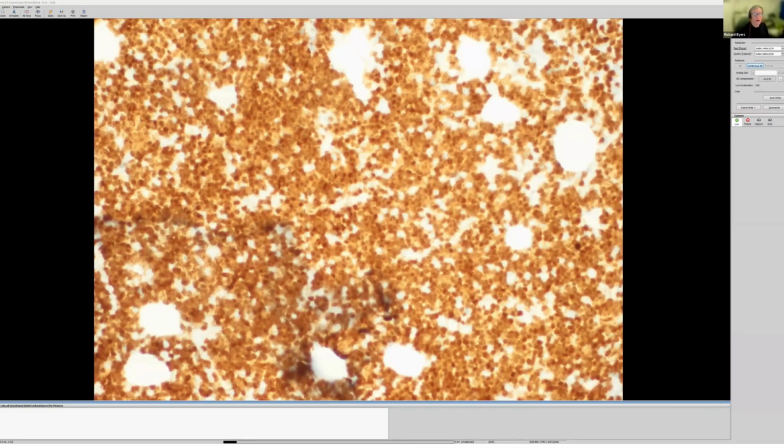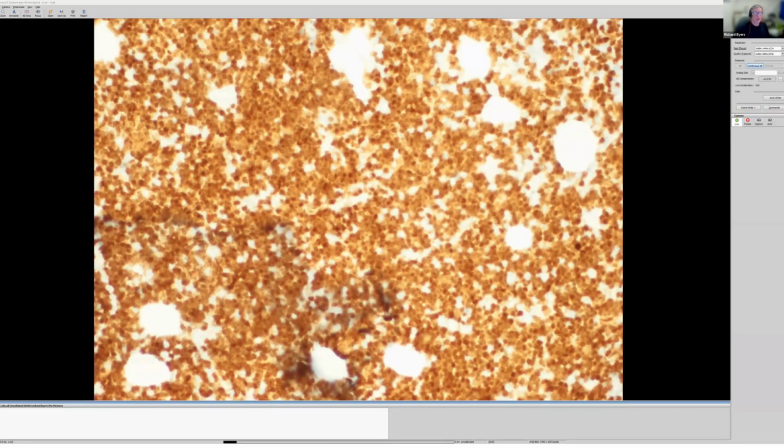Yeah. But I think this is a really interesting case because, first of all, the patient has been given a diagnosis of CLL for a couple of years, and this looks like it's going to be mantle. And yes, it's got small cells, but it's also got occasional larger cells.